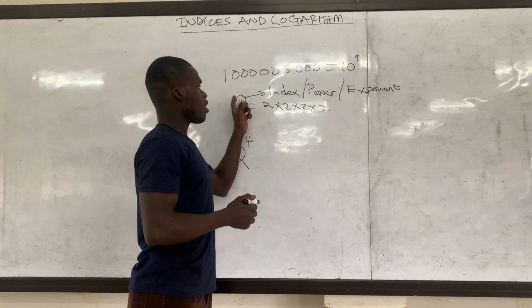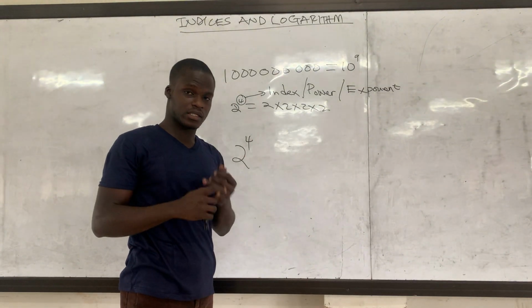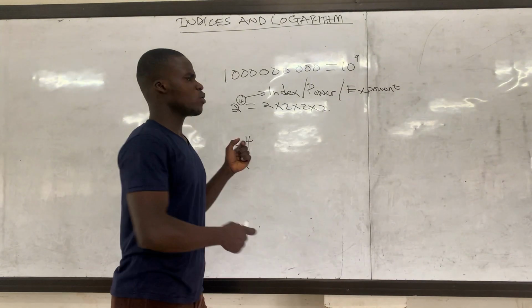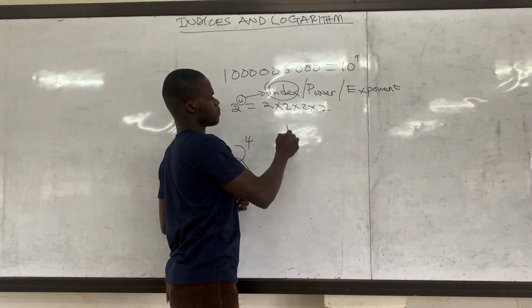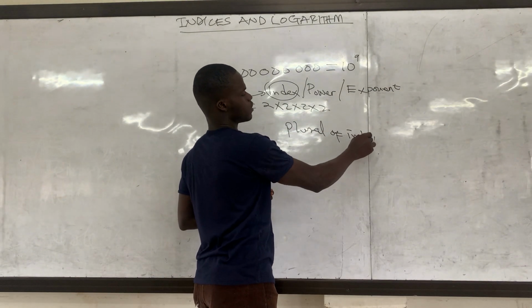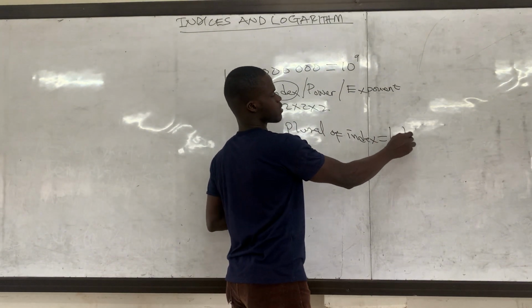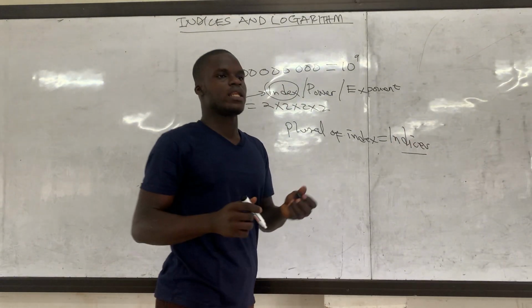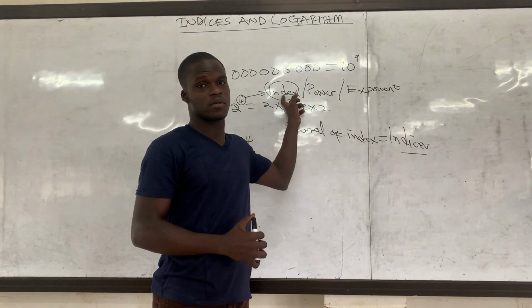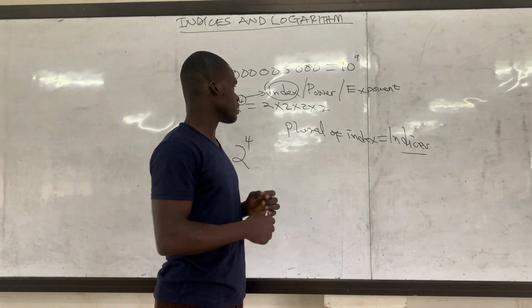The 4 is called either index, power, or exponent. The plural of index is indices, so the name of the topic we are studying came from the plural of index.